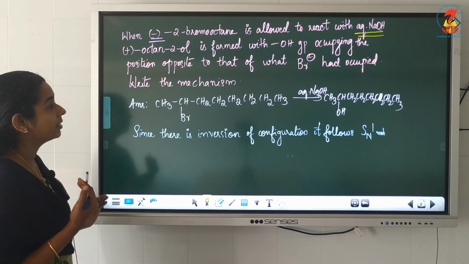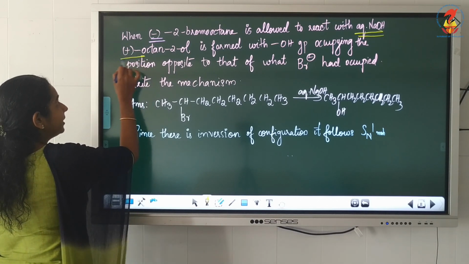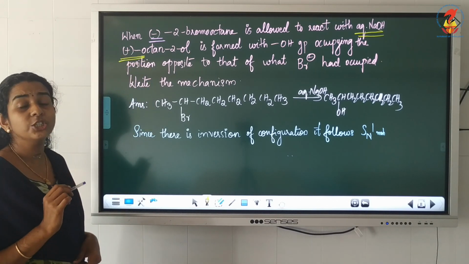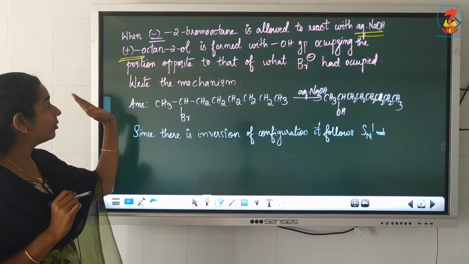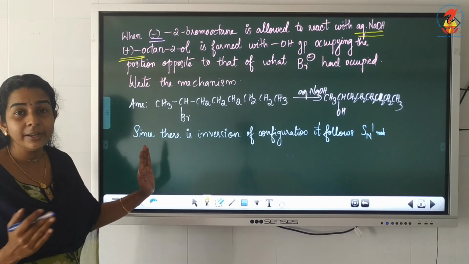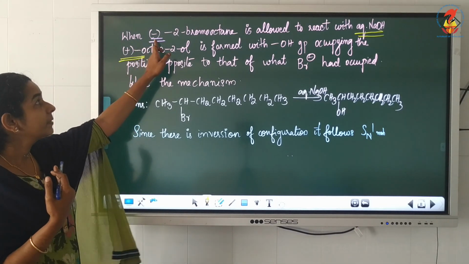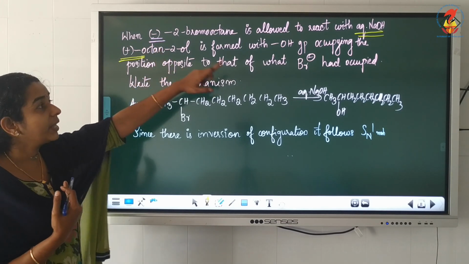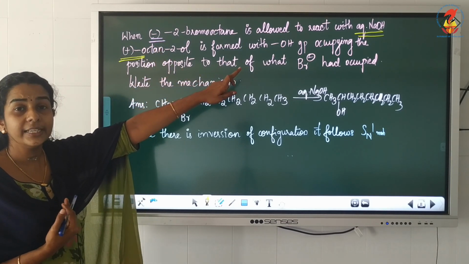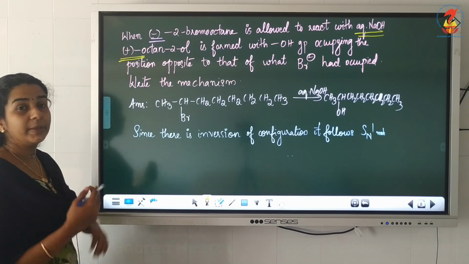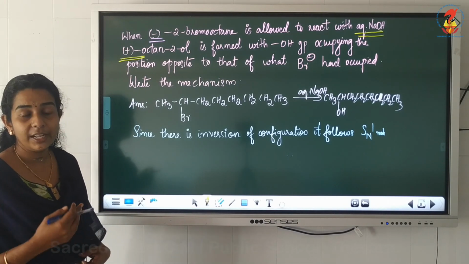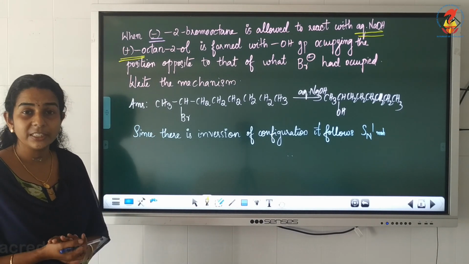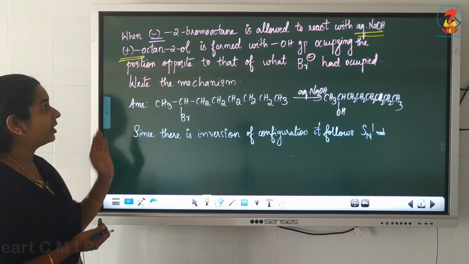And the product is plus octan-2-ol. So here also from the question it is very clear, minus alkyl halide when it reacts with the nucleophile, that is OH minus, the product becomes dextrorotatory, or there is inversion. Minus becoming plus means there is inversion of configuration.